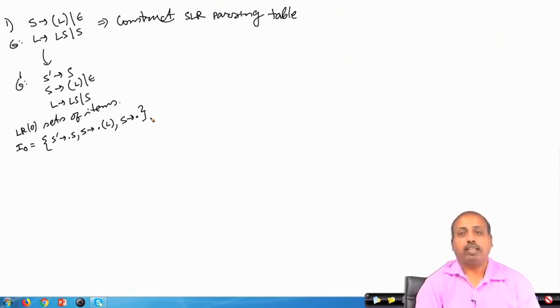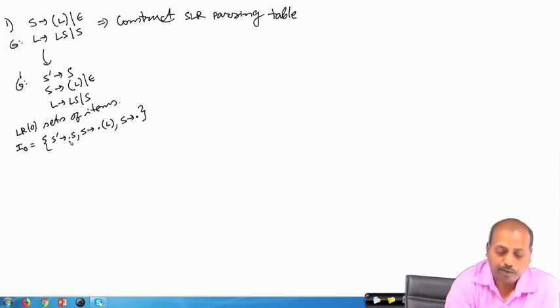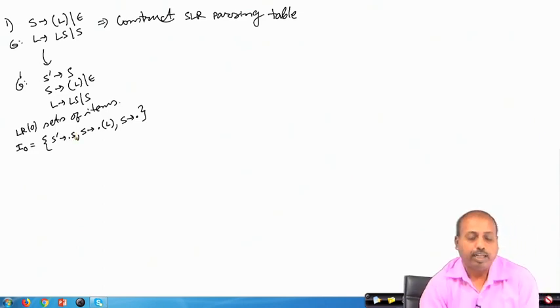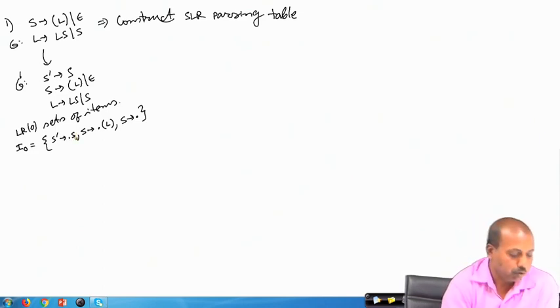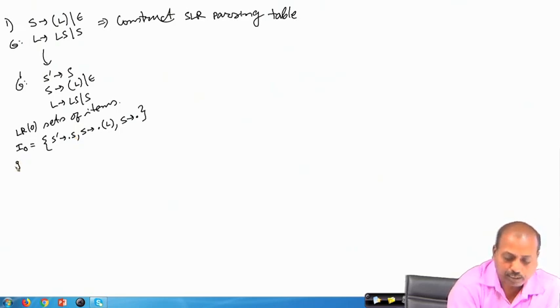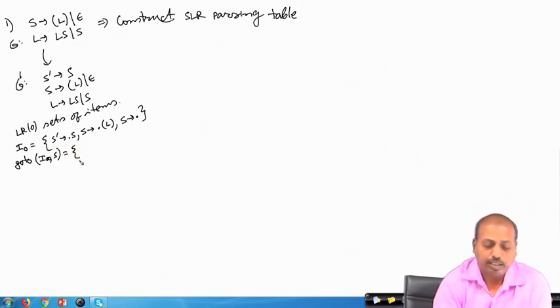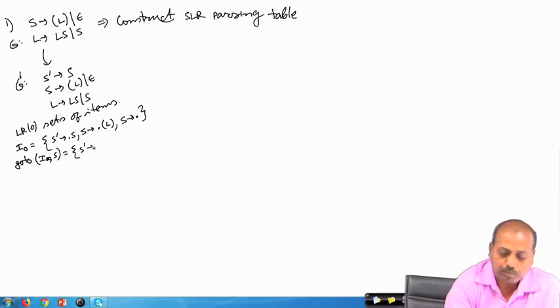Now, what are the other LR0 items? For that I have to see the go to parts. Wherever there is a dot before any grammar symbol of any item, I have to do a go to on that. So, we construct the set go to I0 S. Go to I0 S will give me S dash producing S dot.